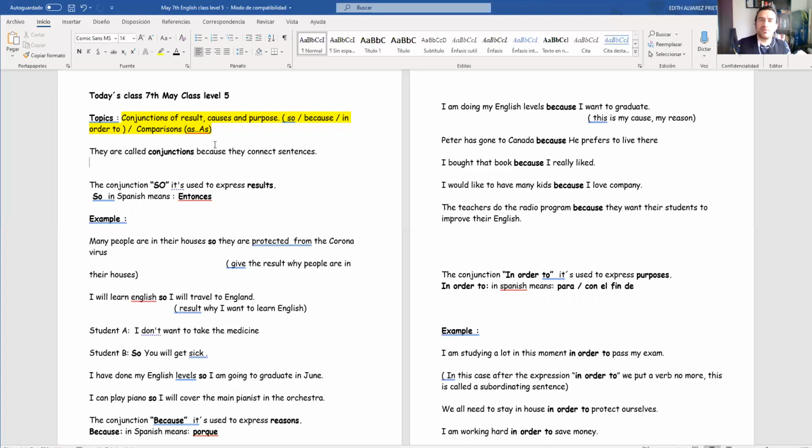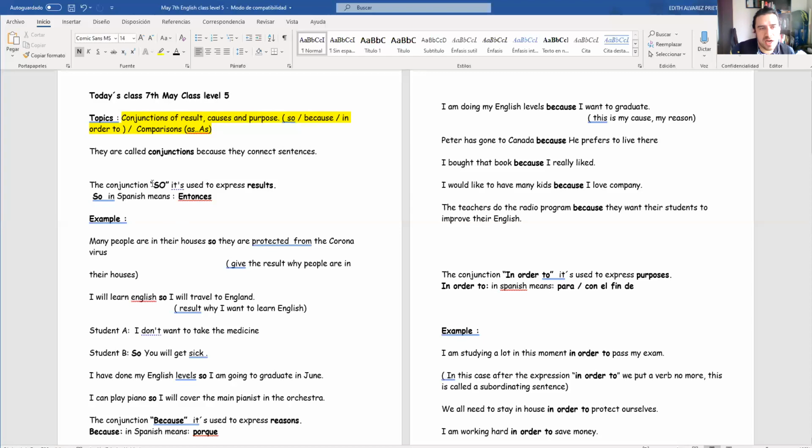So that's why we have to use conjunctions. These ones are the most common, but we have a lot. Let's focus on these ones because these conjunctions are very useful for you when you write or when you speak, like I said before, okay?